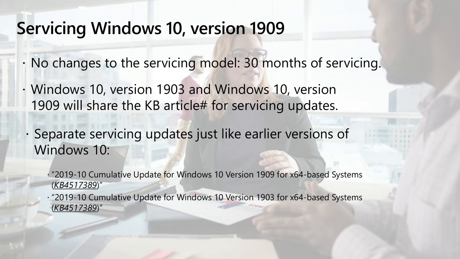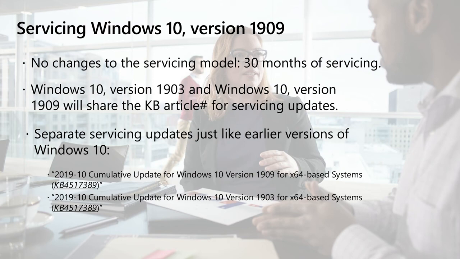I'm taking an example from the October Patch Tuesday. There will be 2 different update entities for Windows 10 version 1903 and Windows 10 version 1909, although they will be sharing the KB article. And from the communication standpoint, you will be using that KB article to talk about both sets of issues.